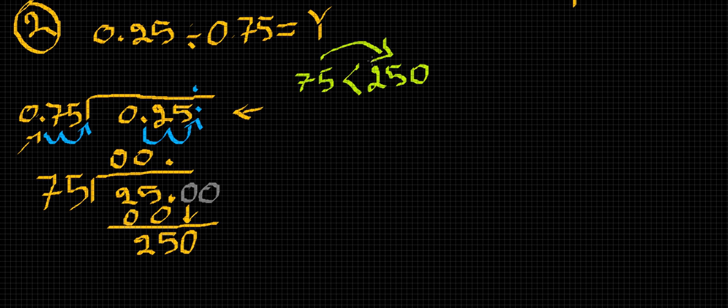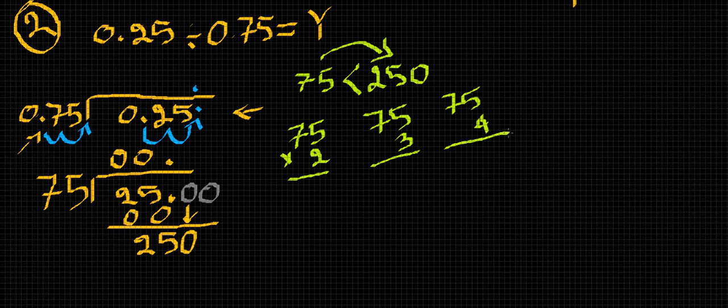We want to give some exercise to our brain, right? So let's start with 2. So 75 times 2, and then we're going to try 75 times 3, and let's do another one, 75 times 4.